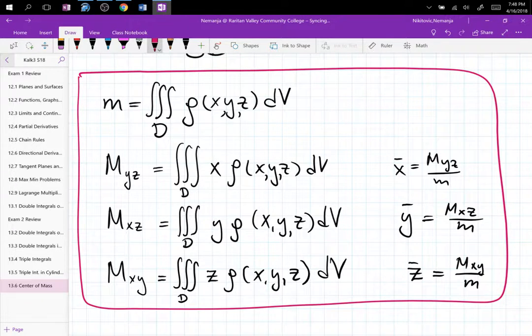I hope you see symmetry to these equations: yz then x, the rest is the same as mass; xz and then y, the rest is the same; and then xy and then z. Now, whatever is here, the guys are there.